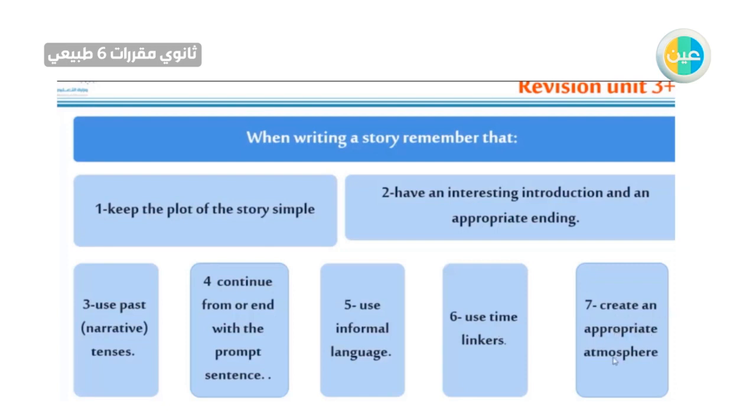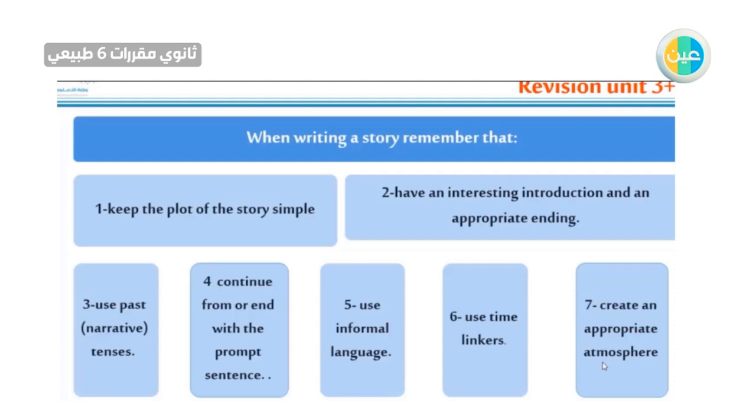Create an appropriate atmosphere. The atmosphere of the story should be appropriate and attractive and reasonable. For example, if I want to talk about something happened to me, and I write about something happened to me in Abha, let's say.